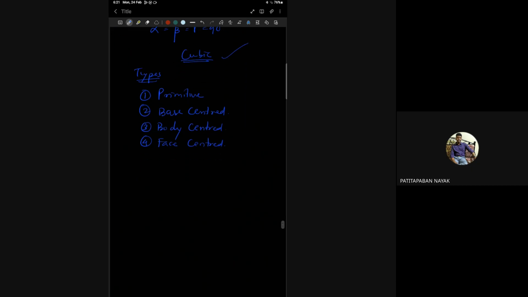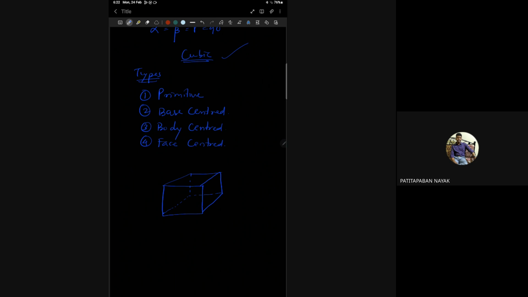So let us draw a simple cubic. So this is kind of simple cubic.